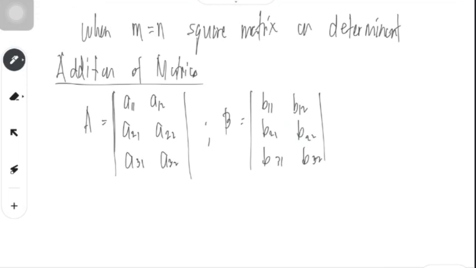Two or more matrices can be added if and only if they are of the same size, have the same order, no?